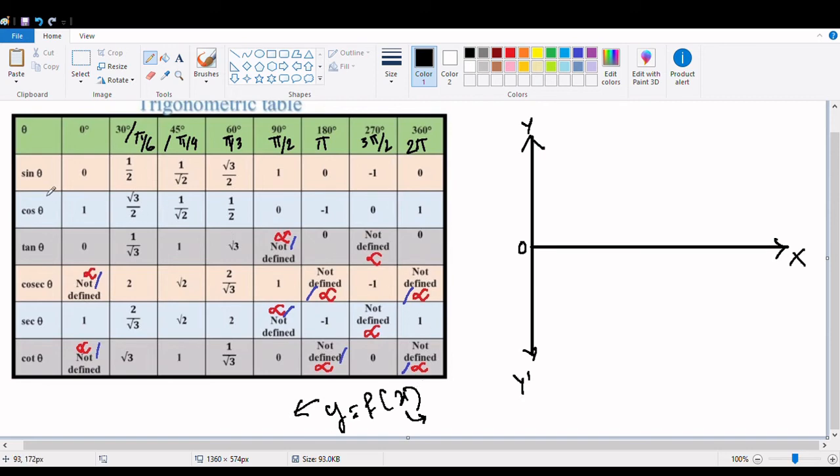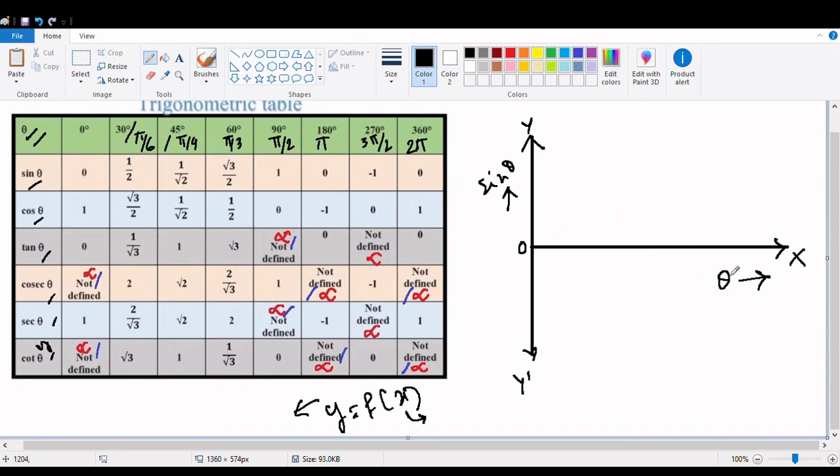Here theta is the independent variable, and sine theta, cos theta, tan theta or the other functions are y. So we will plot theta along the x axis, and y, the value of sine theta or cos theta, along the positive y direction.